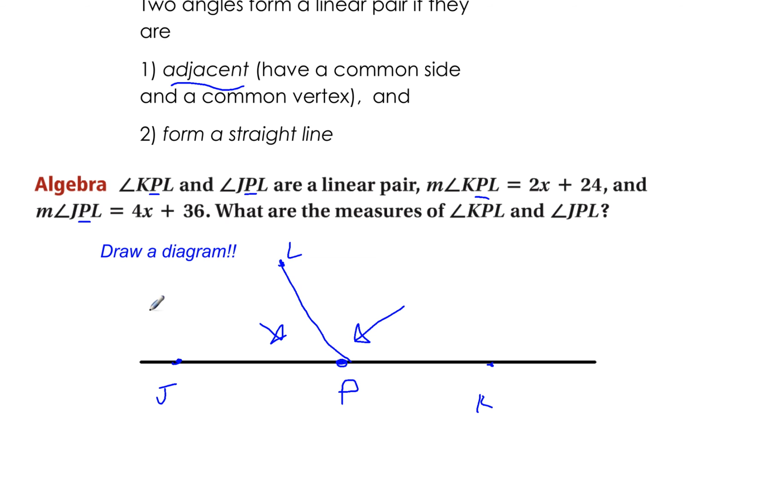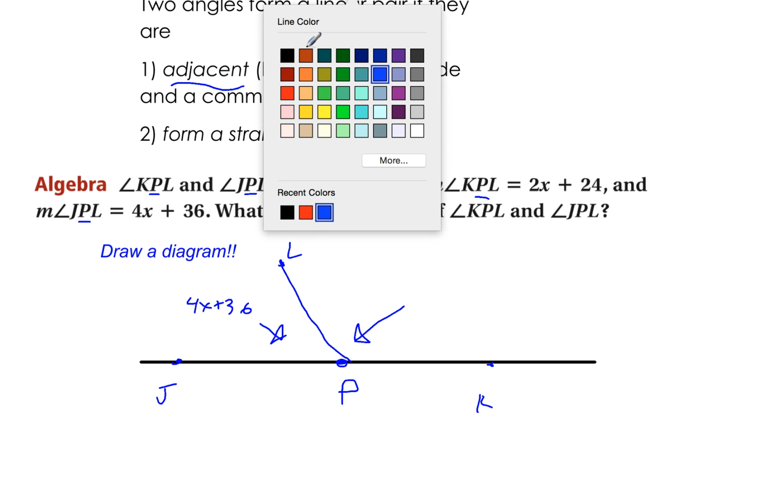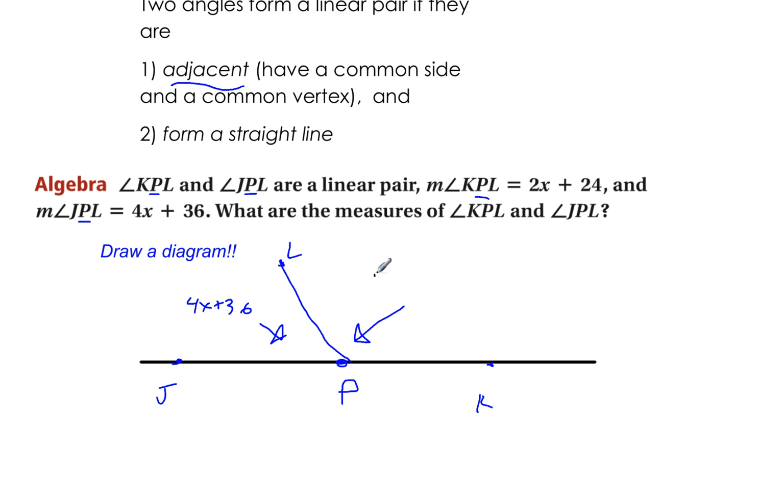So it's saying that JPL is equal to 4x plus 36. So this is going to be 4x plus 36. And KPL is equal to 2x plus 24. So let's write that, 2x plus 24, right over here.